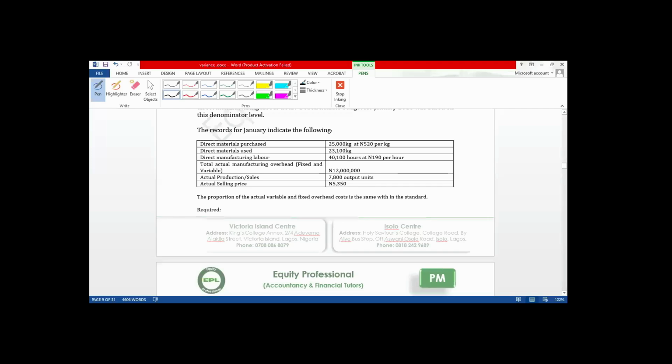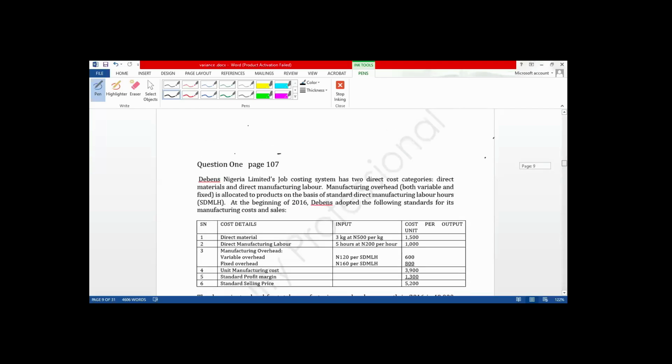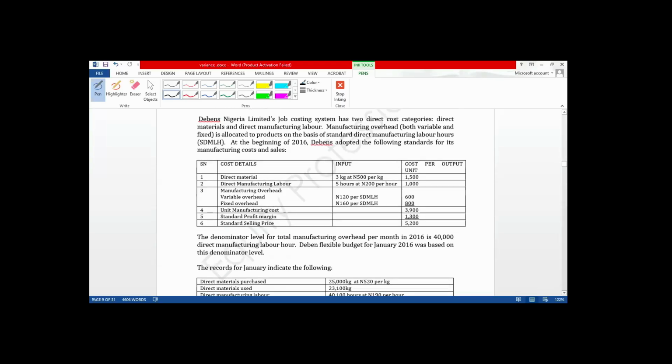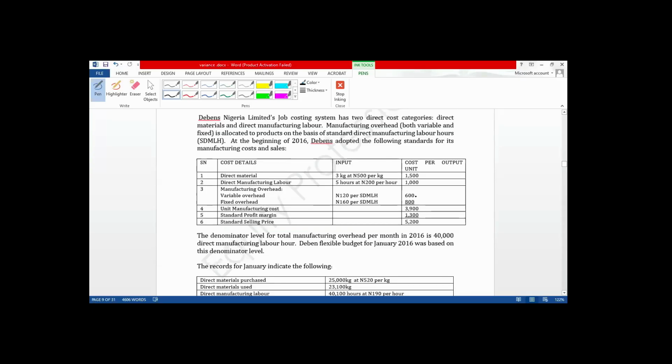So I take the proportion in the standard. Cost per unit here, 600 for variable, 800 for fixed. We need to separate the 12 million.